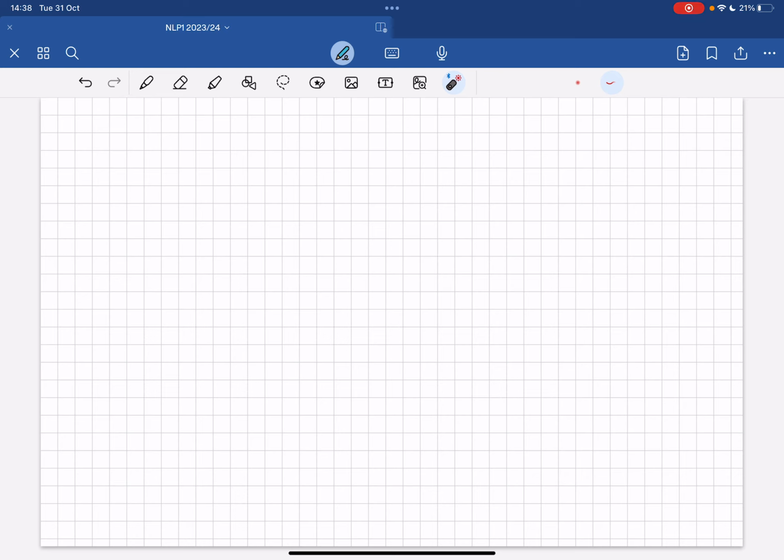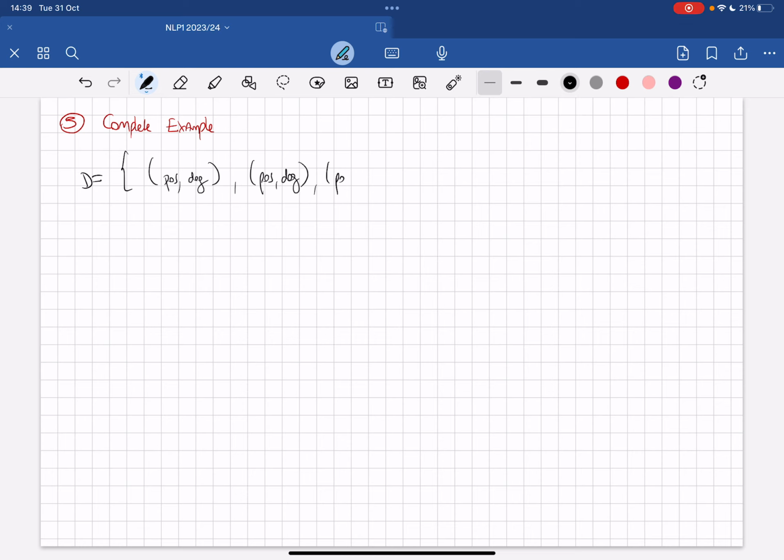Right, so I think the very last thing we want to do is to work through a complete example. So I'm going to give you a data set with various class word pairs. We have positive dog, positive cat, and I'm going to pretend that my entire vocabulary has size 3.